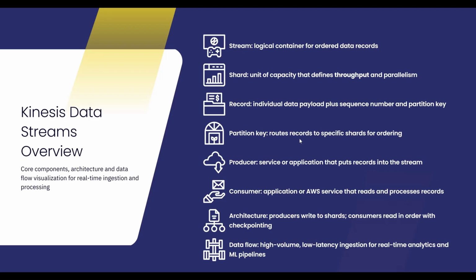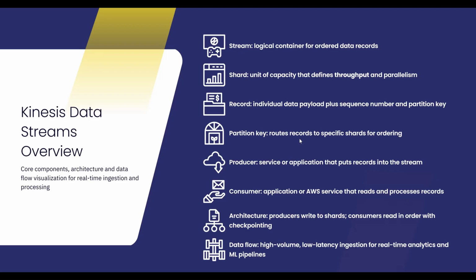Each shard supports 1 MB per second write, 2 MB per second read, and 1000 records per second write. So if the records fail, then we will have to increase the shards.